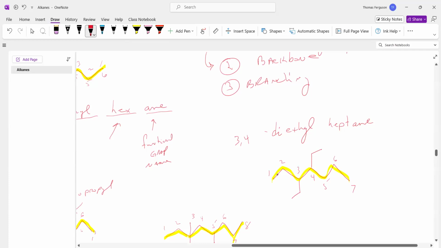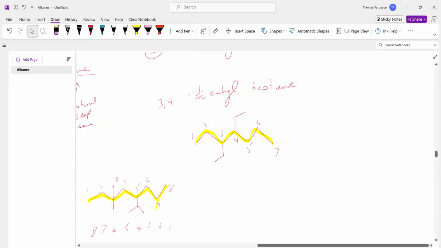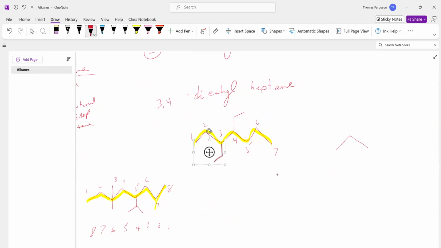It doesn't matter where we put the branches, right? Like on top or bottom, as long as it's at 3 and 4. Correct. Whatever looks good to you, that's fine. Everyone get his question? Whether it's on top or bottom, doesn't matter.